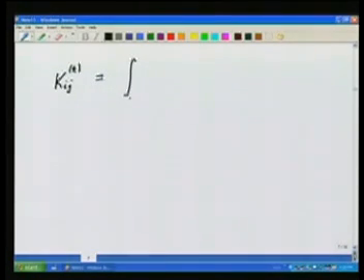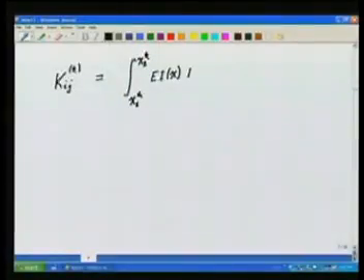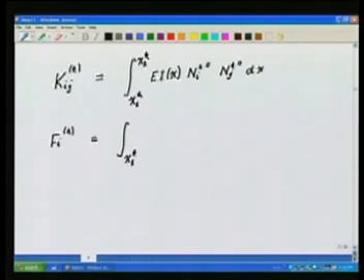We have done enough of this, so we can go back to the previous slide and see that it is going to be the integral of EI(x) Ni k double prime Nj k double prime dx, and f I k is equal to the integral from x1 of k to x2 of k of q Ni k dx.